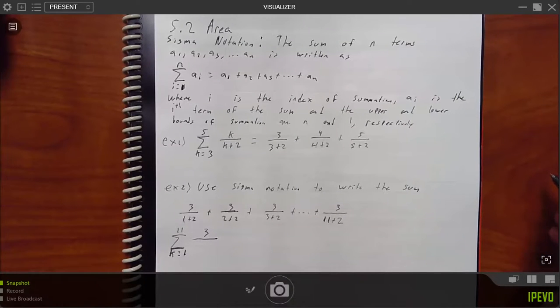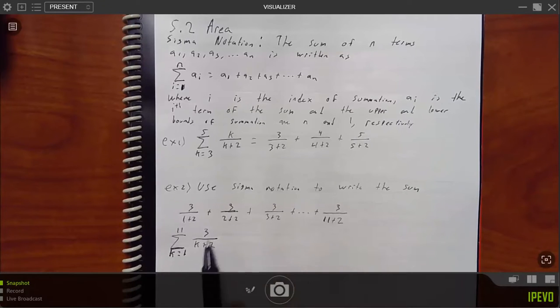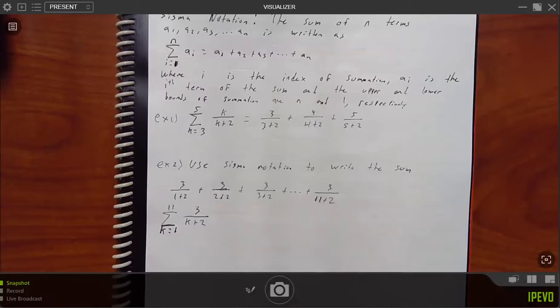What else was fixed? The +2. So would it be k plus 2? Yeah, exactly. So k plus 2. So when k is 1, we get that one. k is 2, we get this one, all the way to the ending 11. Does the notation make more sense? Yeah, that's better.